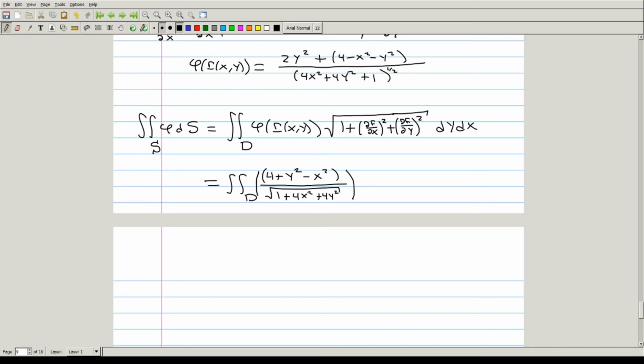This is what phi of r of xy is. And then we multiply this by the square root of 1 plus df dx squared, which is 4x squared, plus df dy squared, which is 4y squared, dy dx.